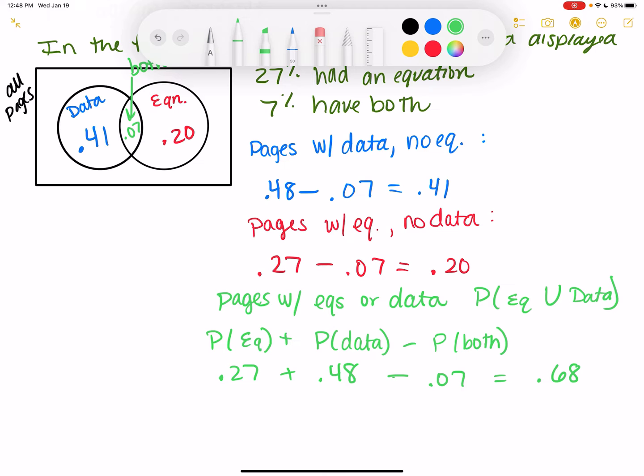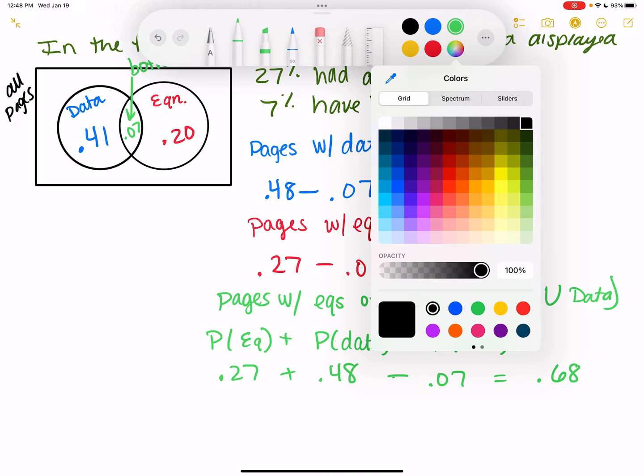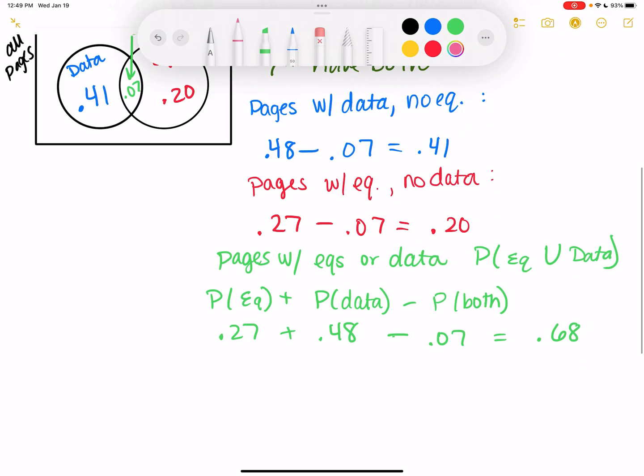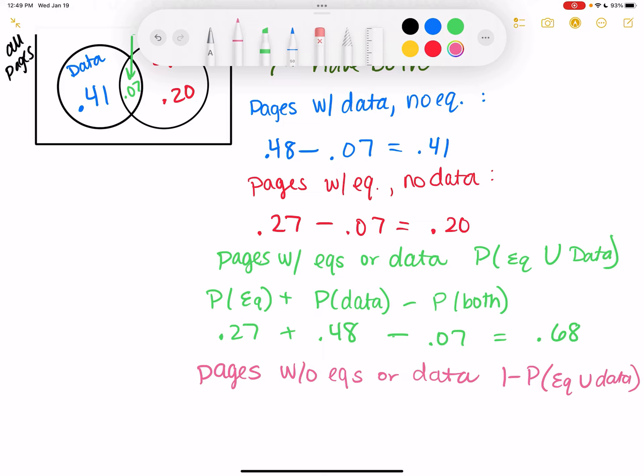So now, the stuff that's going outside. The pages without equations or data, so the pages that have nothing. So it's going to be the complement. This is going to be 1 minus the probability of an equation union data.